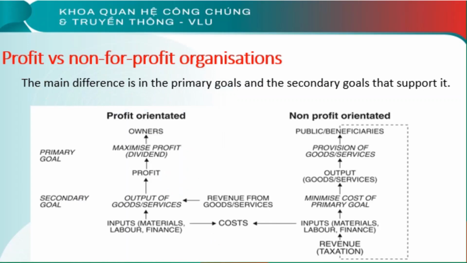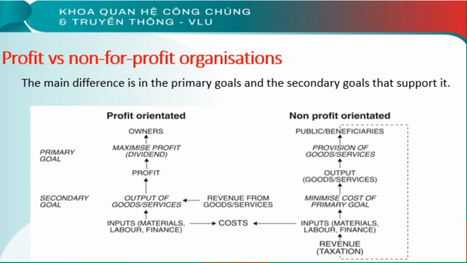For orientations of organizations, the main difference between profit and non-profit oriented organizations is in the primary goals and the secondary goals that support them. The most important goal of profit-oriented organizations is to maximize profit.